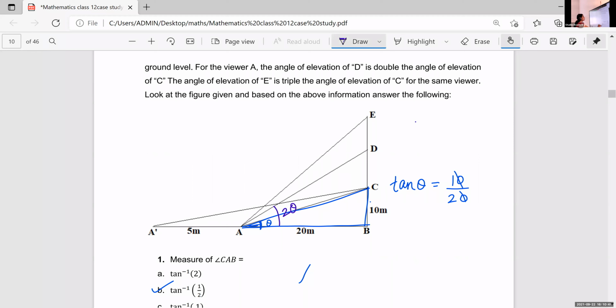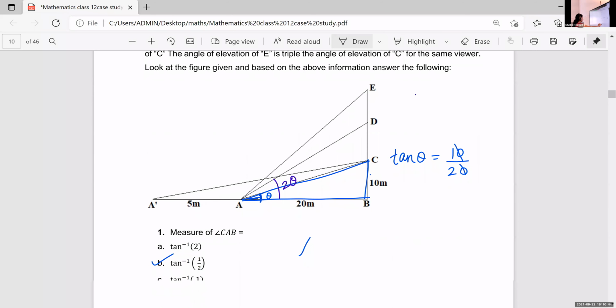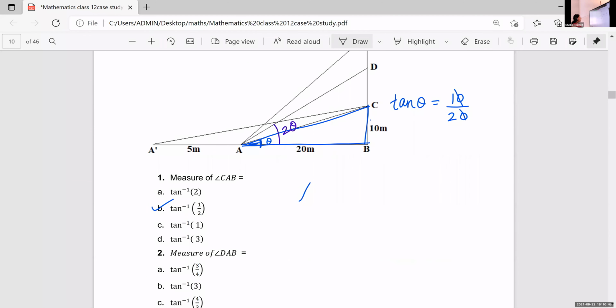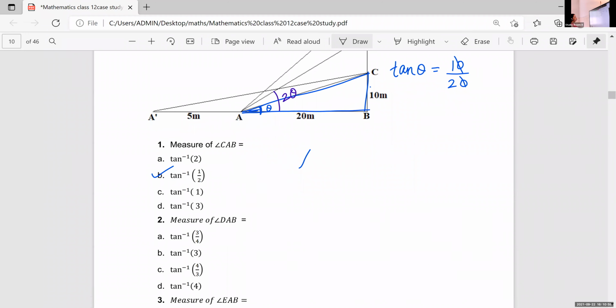Now what do you have to find? You are asked to find the measure of angle DAB. What will be the answer? We got tan theta is 1 by 2.